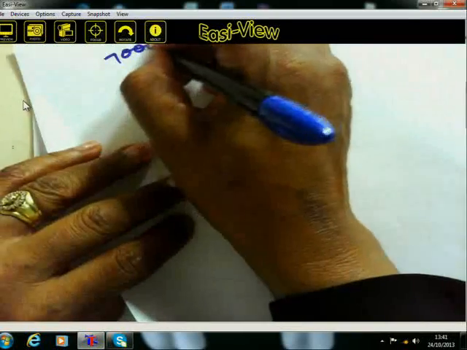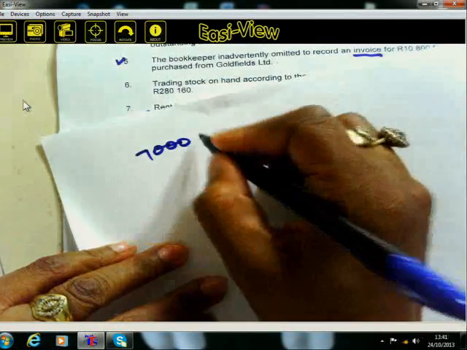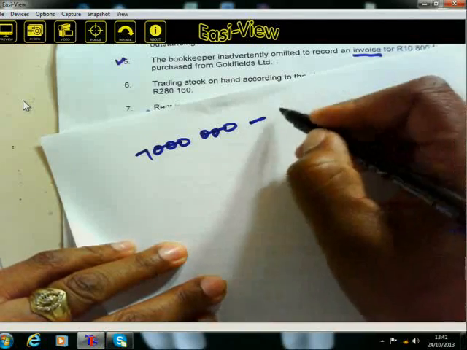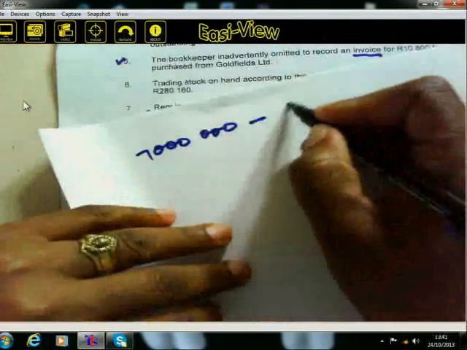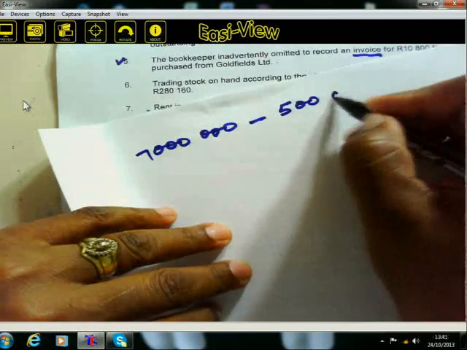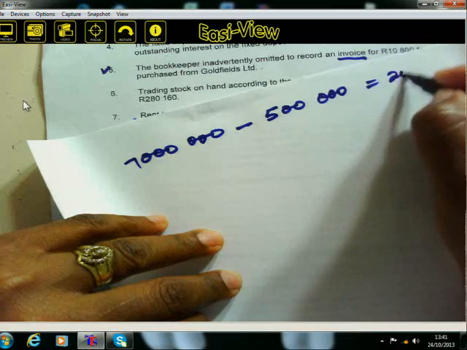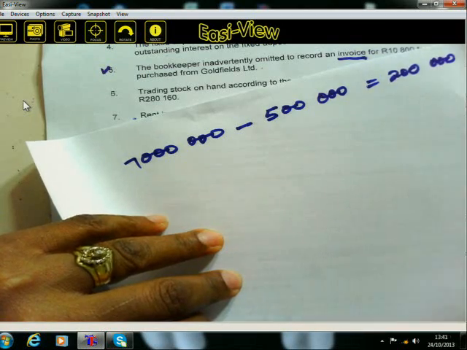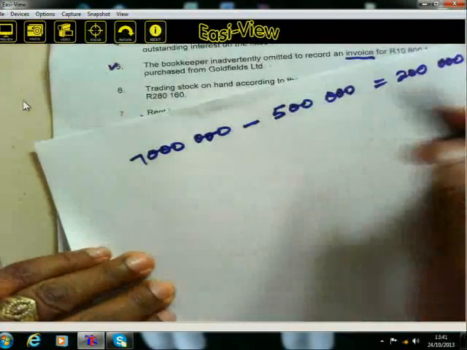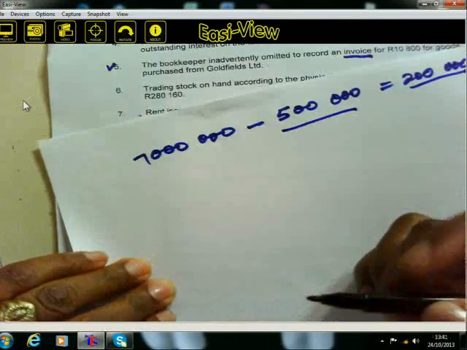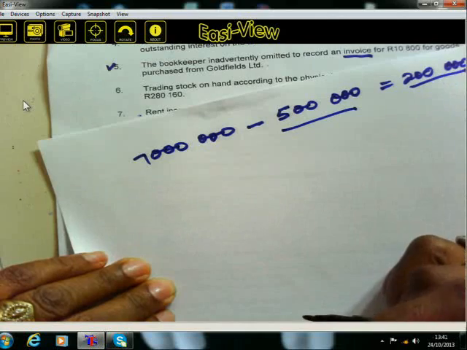I'll say 700 minus 500 equals 200. Now this is the old amount, and this is the new amount. So I'll have to find the interest for both.